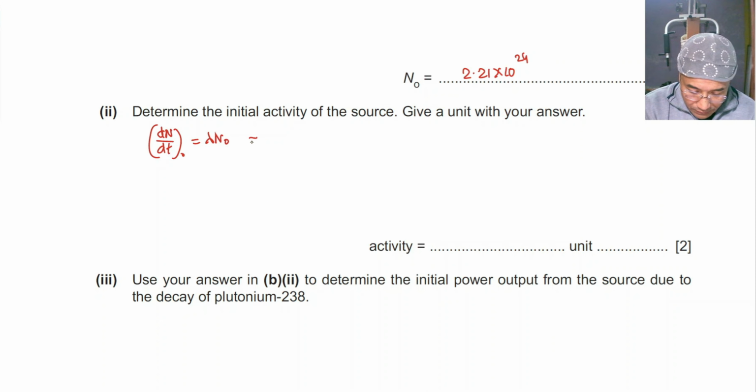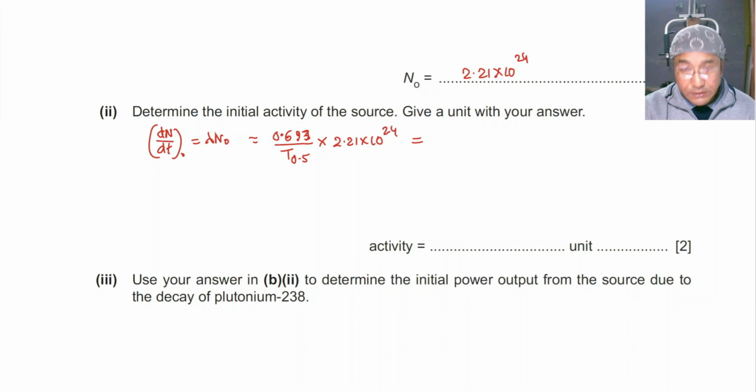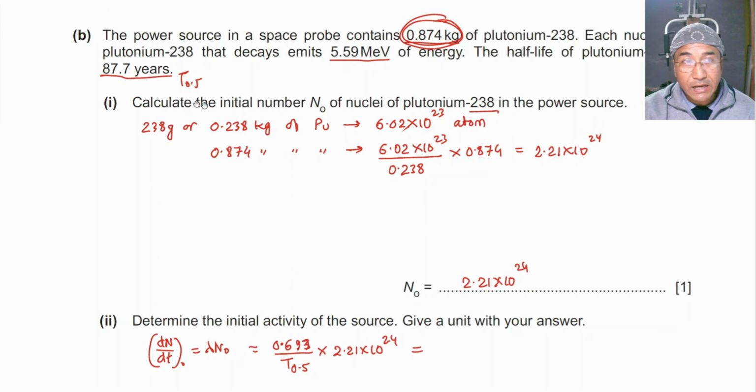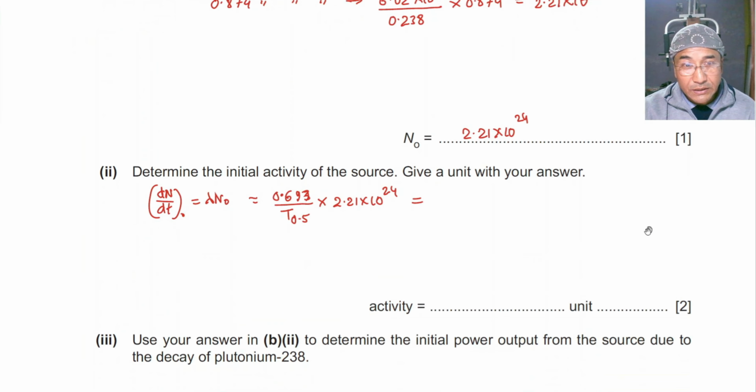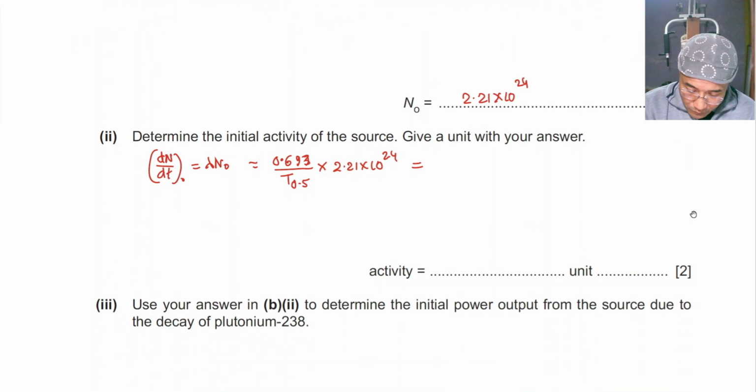Lambda should be equal to 0.693 by T half, into this N naught, 2.21 into 10 to the power 24. T half is given as 87.7 years. We have years here, so let's change it into SI.